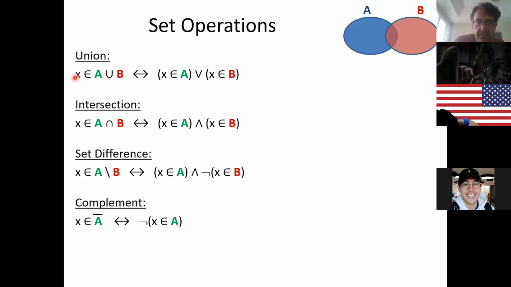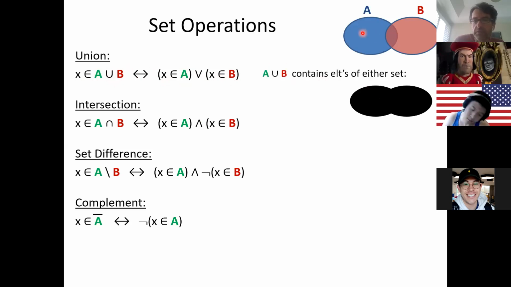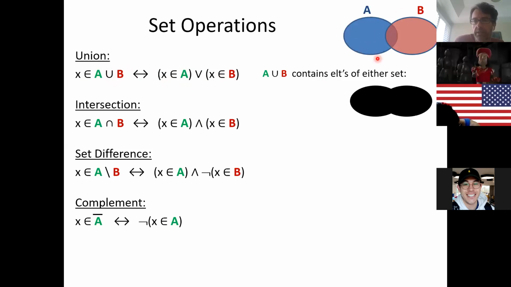It's a set of X's such that a disjunction of two statements must hold. So it's either that X is in set A or X is in set B, and that defines A union B. So if this is your two sets, A and B, the black stuff corresponds to a union, right? So this is all the elements in this set and all elements in here. This is the union of A and B.